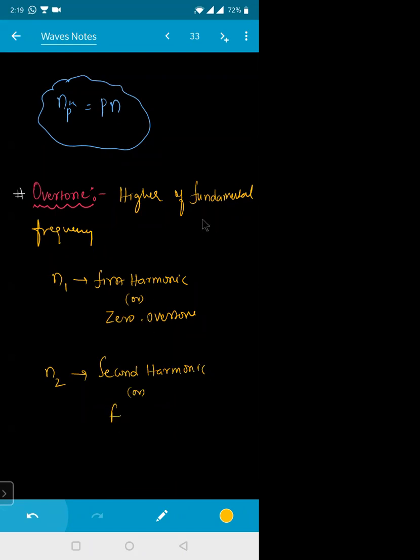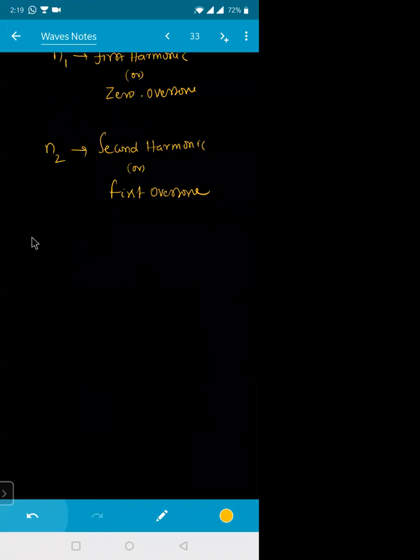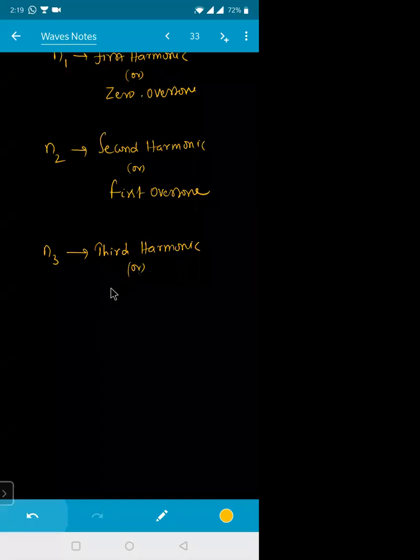Higher than the fundamental frequency. That will be called first overtone. Very good. Then if I'm talking about N3, N3 will be equal to third harmonic, or we can call this one the second overtone.